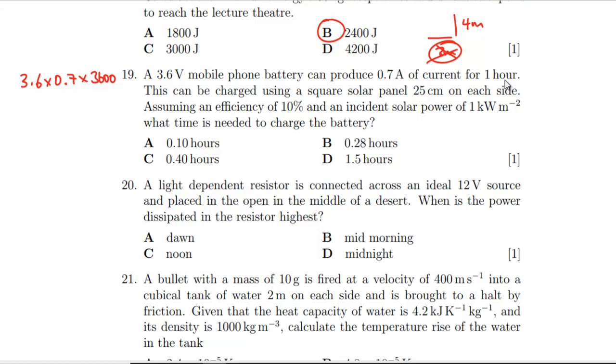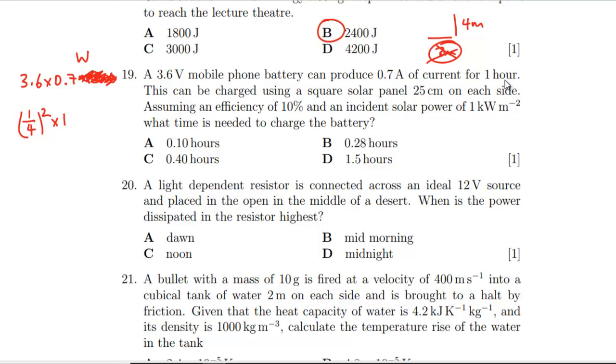Actually, the answers are in hours. So let's leave that out. So that is our power that we've got there in our joules per second, that number of watts. So we need, assuming efficiency of 10%, right? So we've got a quarter there. So we've got a quarter squared. That is our area of the solar panel. So we need to multiply that by the incident power.